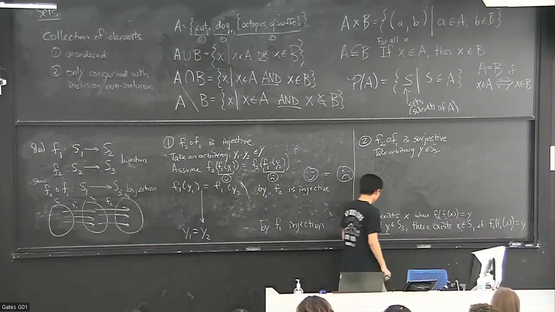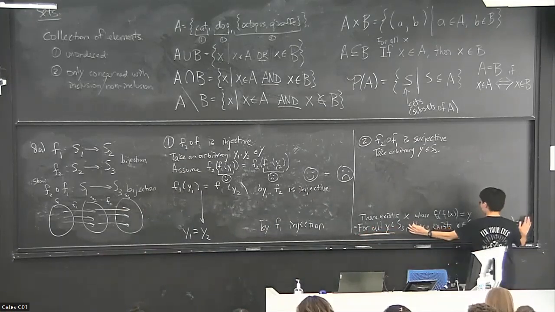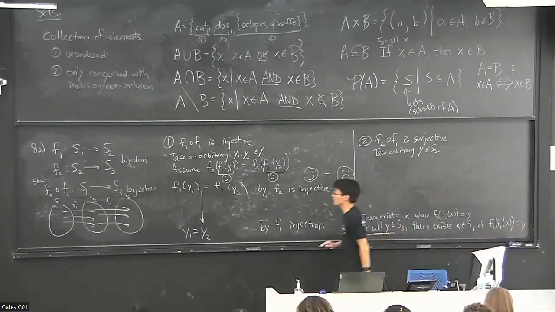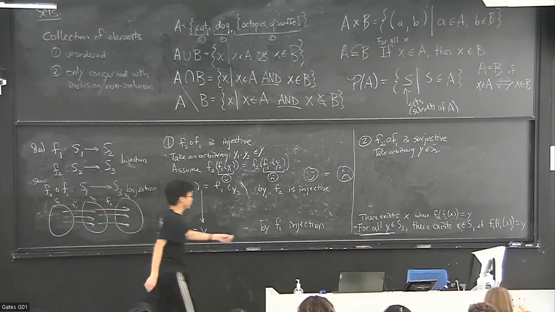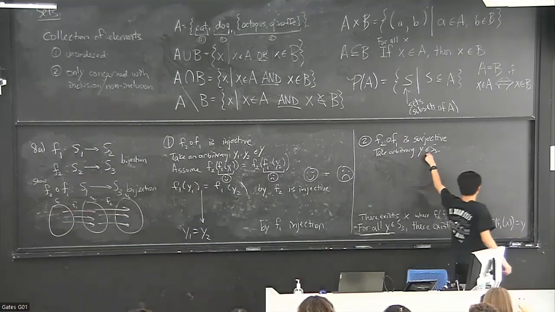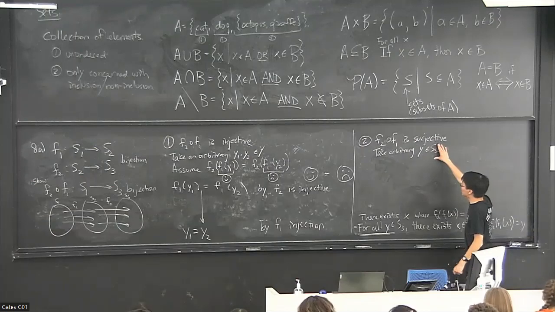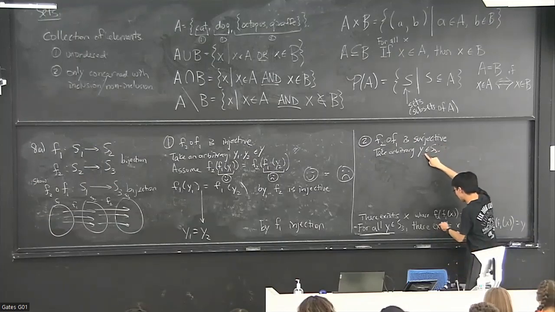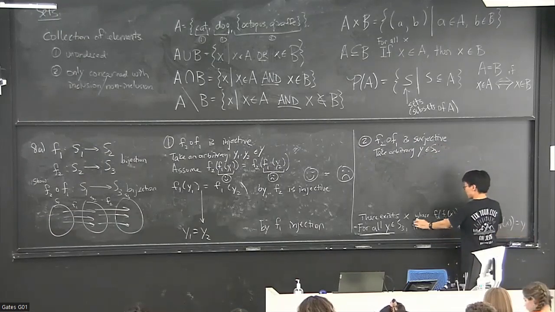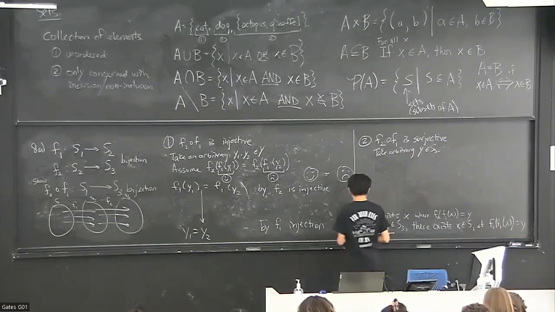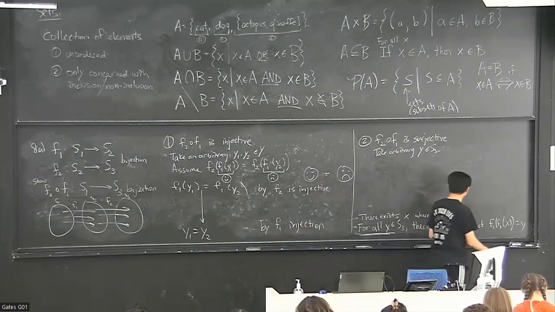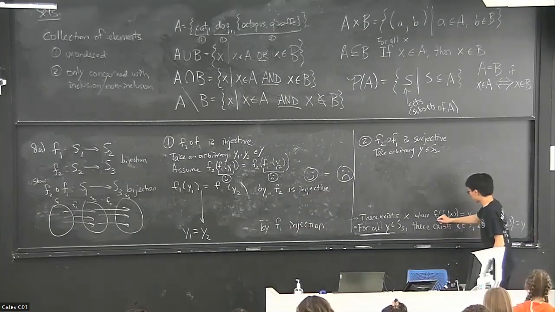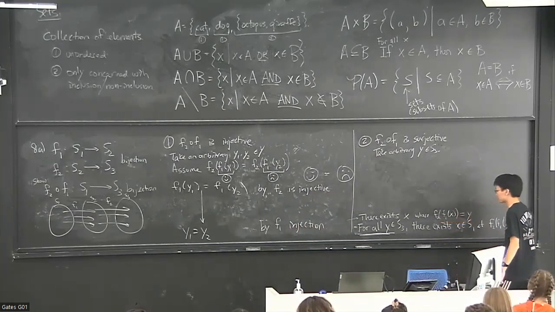This is a for all statement, for all y this property holds. So how do I show that? I go up to the table and I say, to prove a for all statement, you take an arbitrary element, in this case an arbitrary y, and what do I want to end up with about this y? I want to end up that this y satisfies this property. So I put this property right here. Now, this is my new goal: I want to show that there exists this x, where f2 of f1 of x equals y.